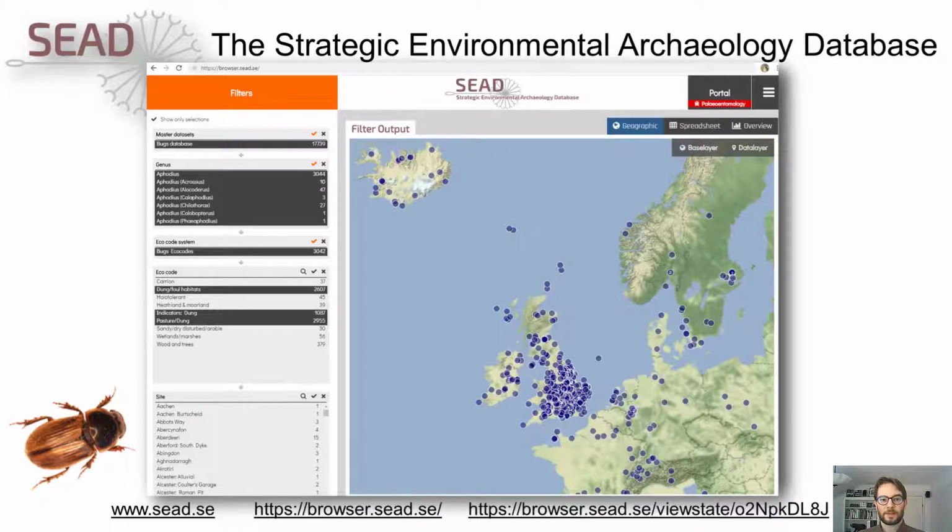Here's an example of the beetle database, or what you can do with it. In SEED, I've restricted the data to the paleoentomology portal, pulled up a list of genera, and filtered to only Aphodius, a dung beetle.